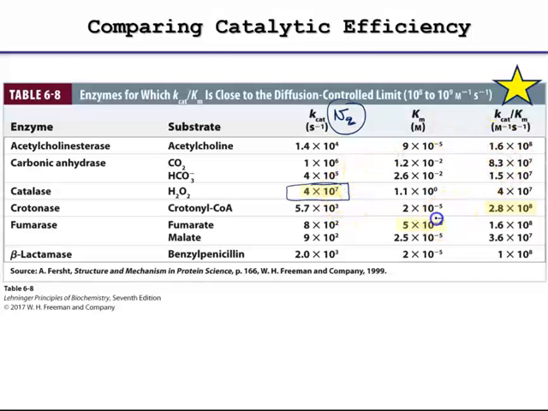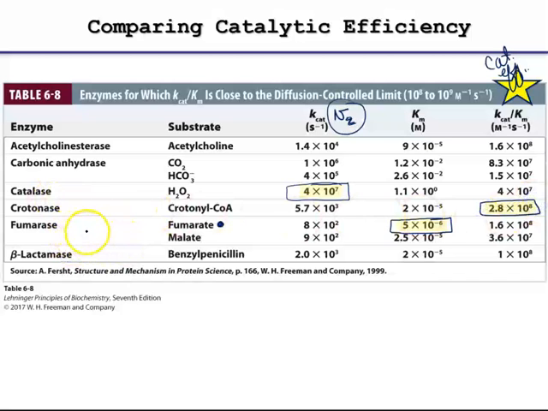If we look at what is the Km, we're going to be looking for the lowest Km. And now it looks like fumarase, when it's using fumarate as the substrate, is the best because it has the lowest Km. But when we consider the gold standard measure of catalytic efficiency, now we see that neither catalase nor fumarase, using fumarate as a substrate, is the winner.